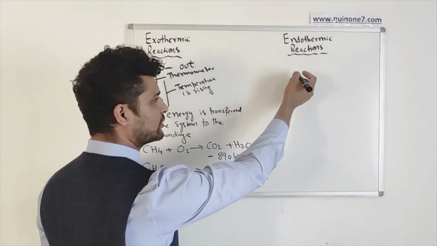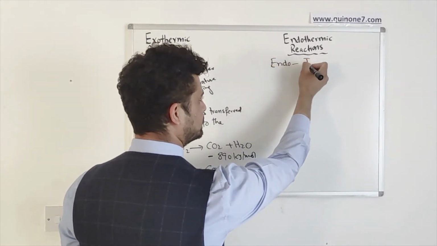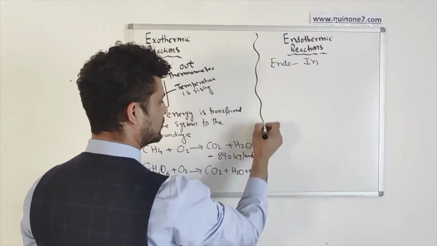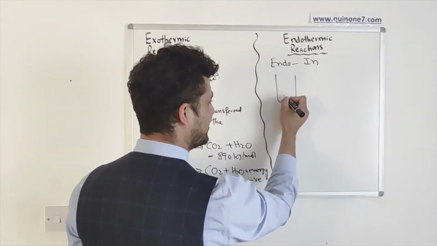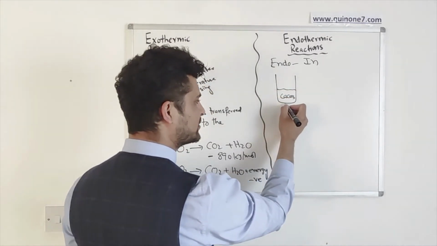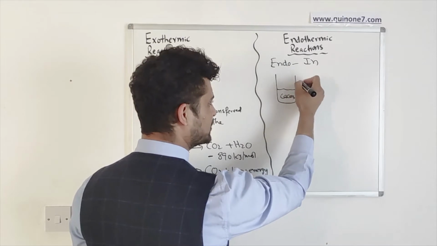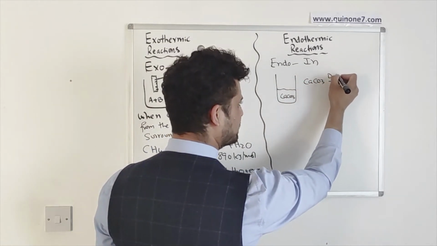Now, let's talk about endothermic reactions. Endo means in. For example, if I have a beaker and I put in calcium carbonate, any carbonate, and start heating it, CaCO3 will undergo decomposition.